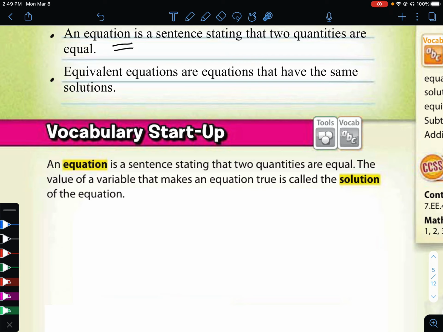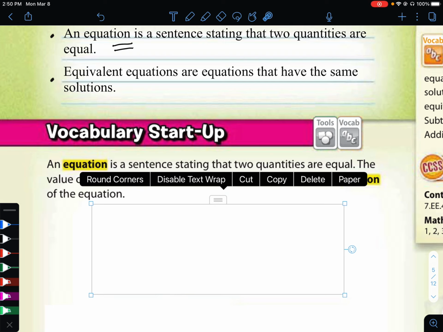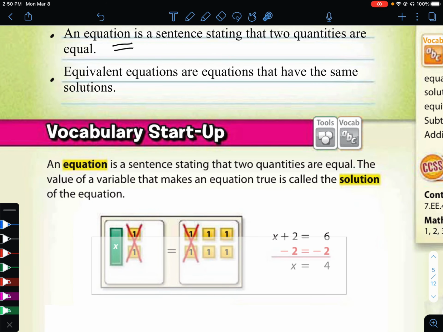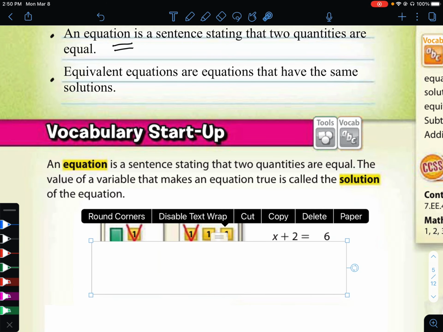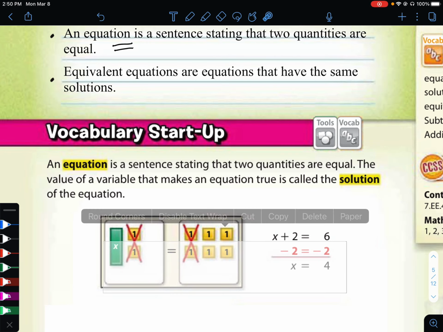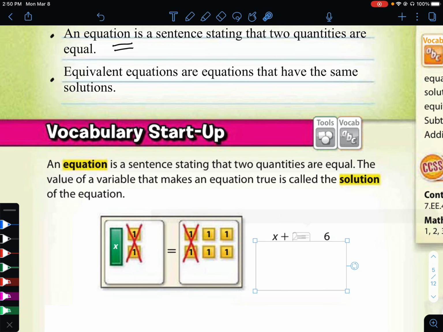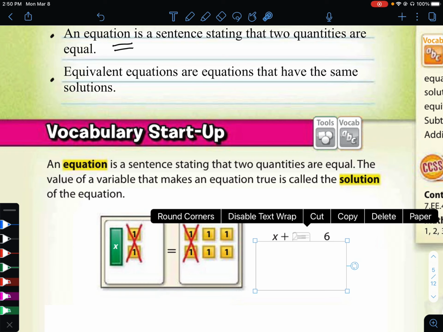Let's take, for example, x plus 2 equals 6. If we want to solve x plus 2 equals 6, to model that, this is how it looks. This is x plus 2 equals 6.